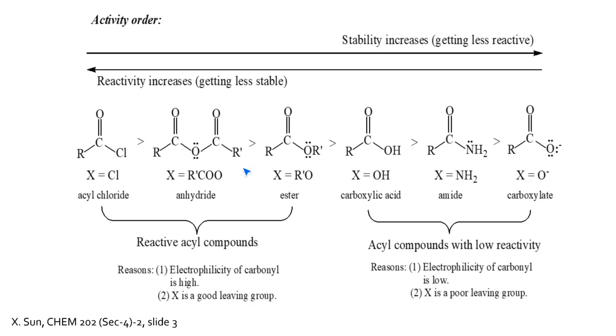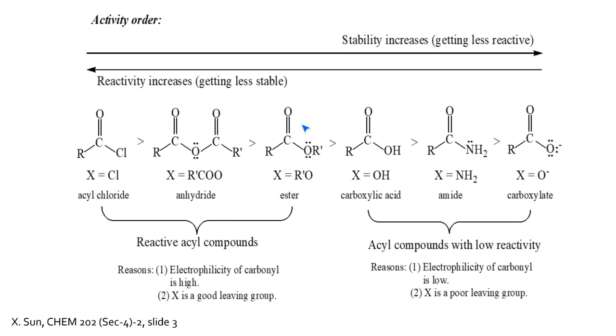If we're going in the backwards direction, then it'll require work, so we'll have to do something to make that reaction happen. And these are less stable because this X, or whatever is on this carbonyl group, is a good leaving group.